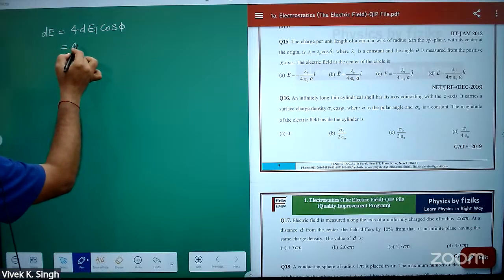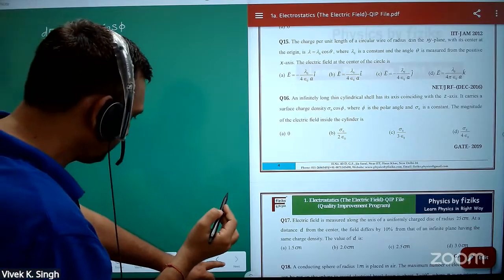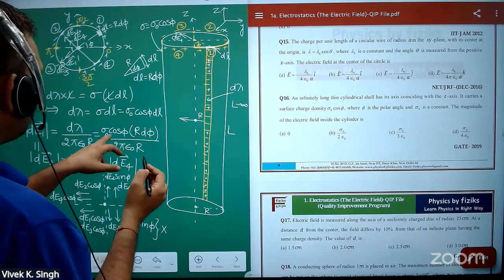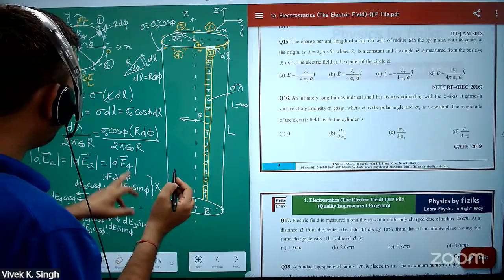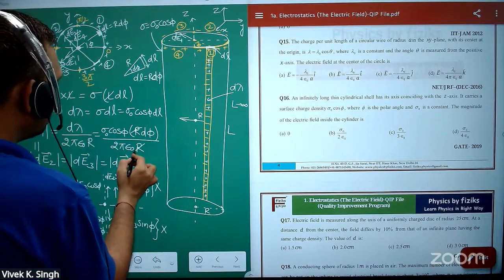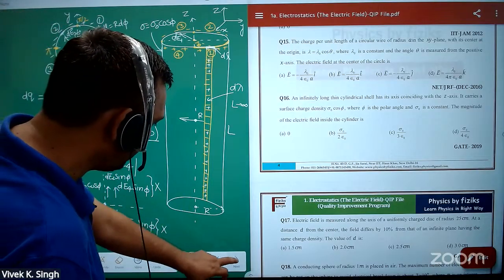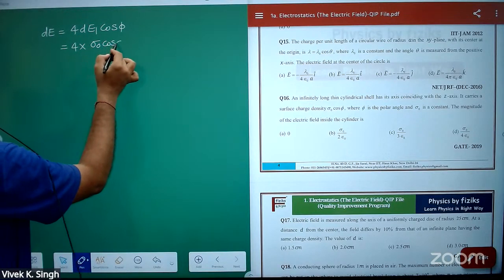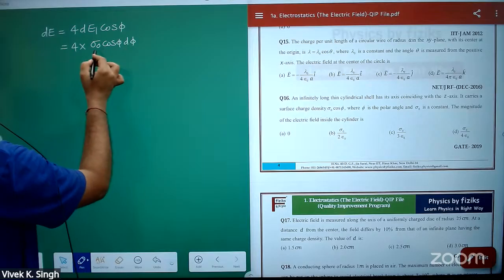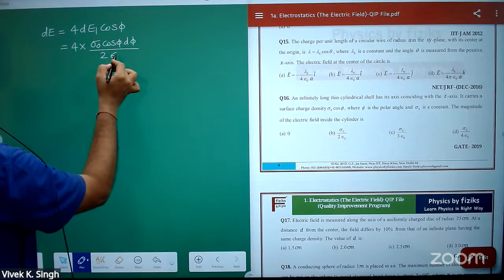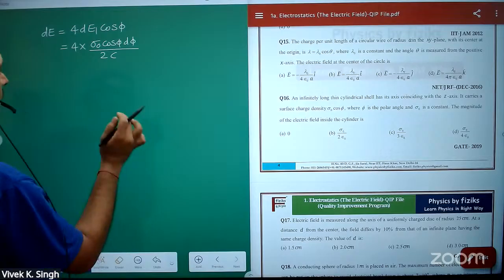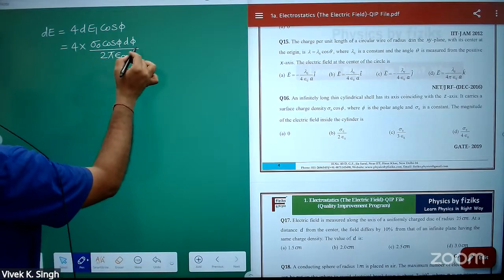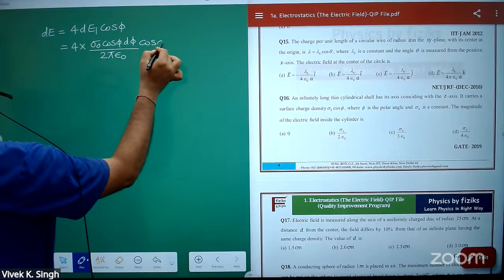And what is dE1? We have written, this is sigma naught cos phi d phi by 2 pi epsilon 0. This r will cancel out. Then multiplied by cos phi.